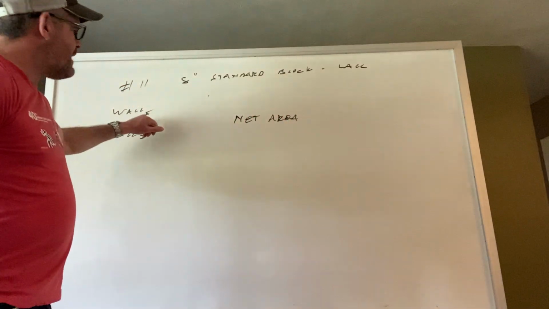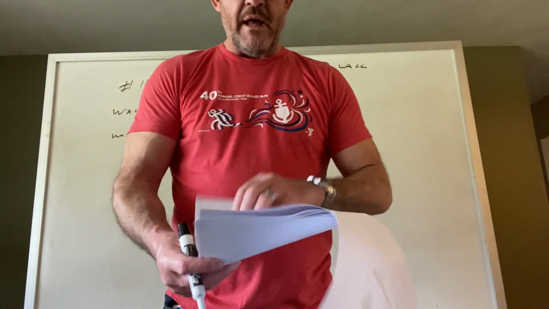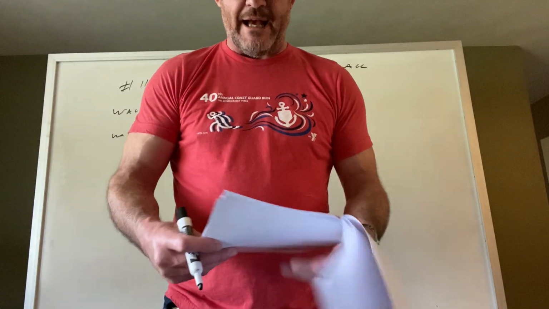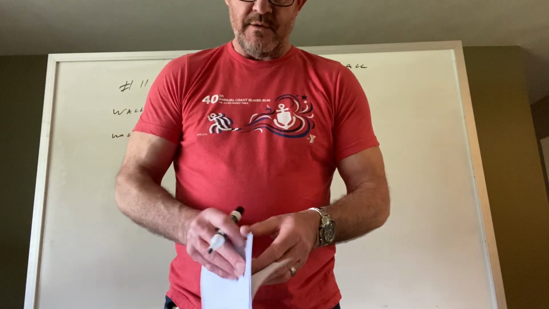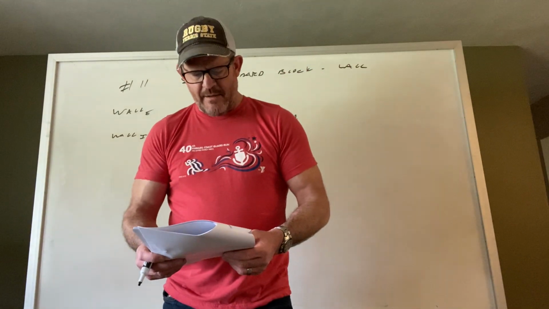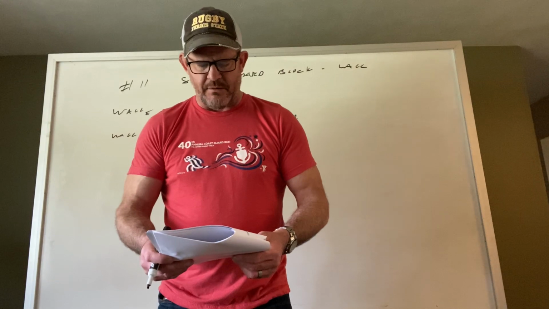If I look at my list, what do I see concerning my exterior net area? I go back to my list. Sorry, this is easier when I'm in the classroom, of course. I go back to my list and I see right now we're on number 11, that's my 8-inch standard block.